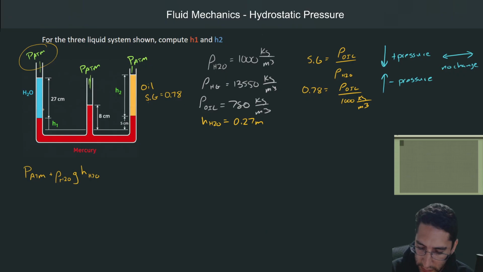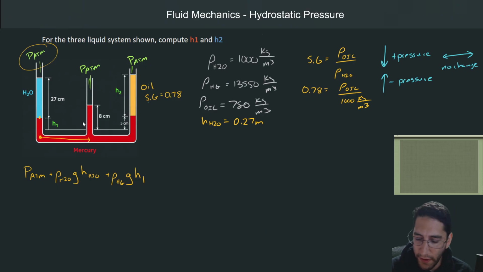Now I'm at this part, and I want to keep going down. I don't know what H1 is, so I want to solve for it directly. I don't want to cut over, so I'm going to add my density of mercury times gravity times the height H1. Now I'm at this point. I go over horizontally and then work my way up.